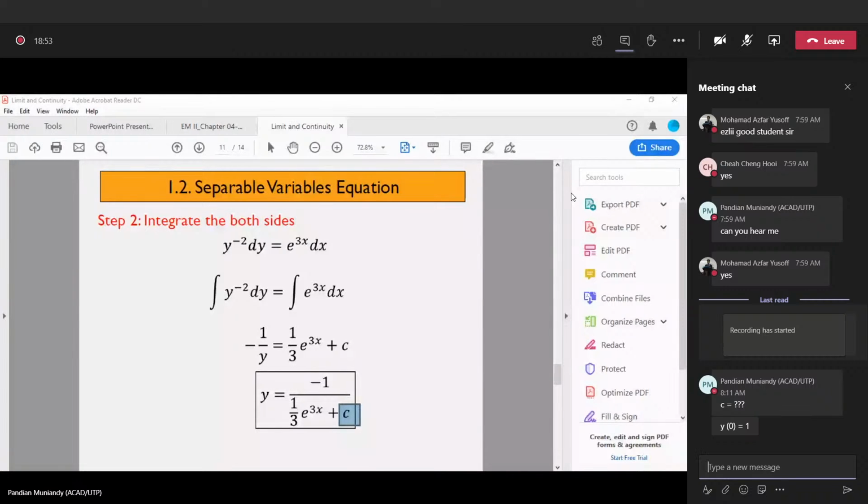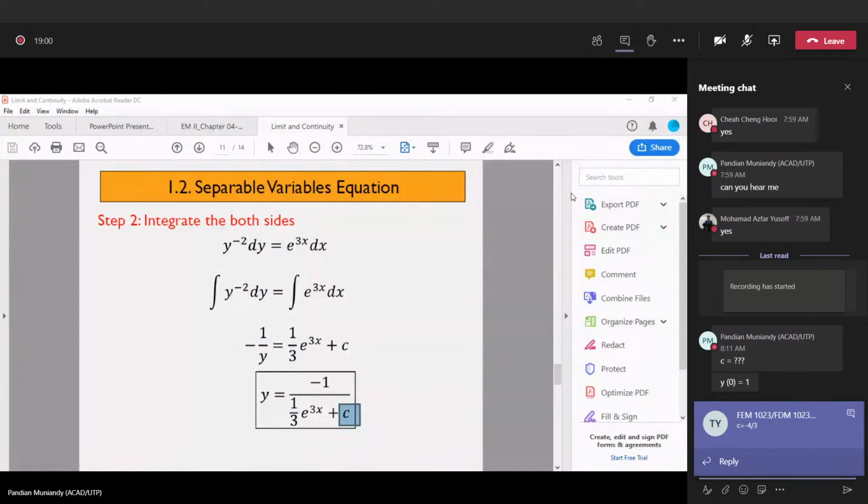Tan, what is your answer? Negative 1 over y equals 1 over 3 e power 3x plus c. So what is your C?